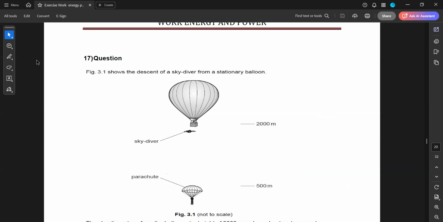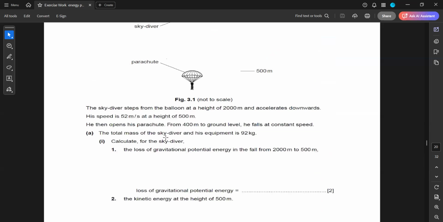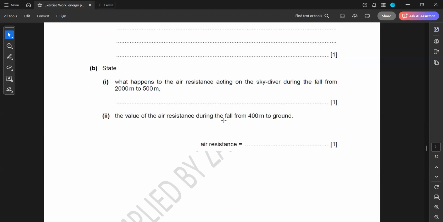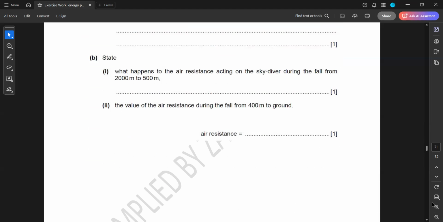If we ignore the air resistance, if there was no air, and he's having 100 joules of energy here, at this point he will also have 100 joules of energy. But practically, it's not possible because air opposes the motion, so some of the energy is lost to the surroundings in the form of heat, or you can also say sound, or some of the work is done against the friction or air resistance or drag, you can also say that.